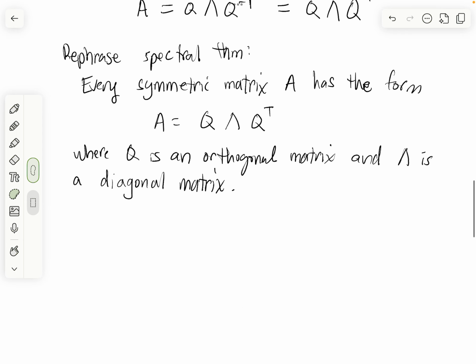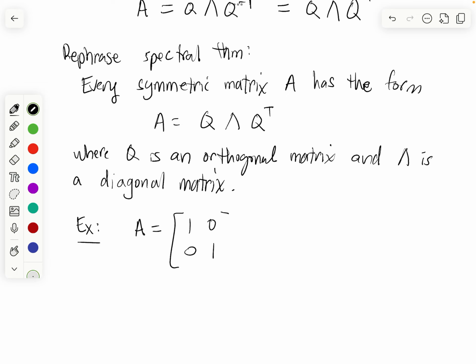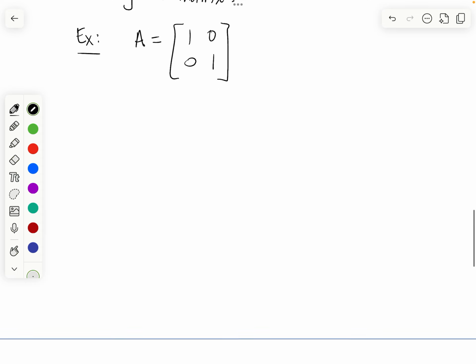All right, let's look at an example. Let's say that A is the 2 by 2 identity matrix. Well, in this case, every vector is an eigenvector with eigenvalue 1, right?